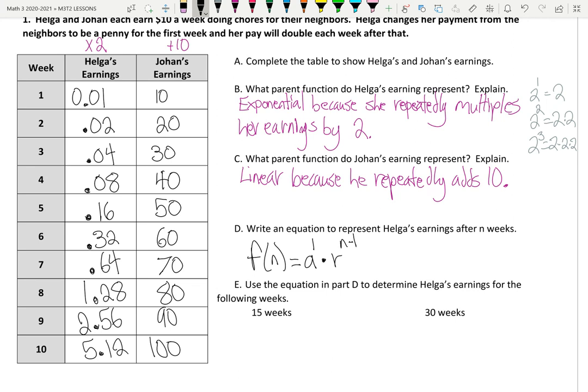So when I am writing it for this specific situation, Helga's earnings is going to be equal to 1 cent times r, which is going to be 2, to the n minus 1 power.